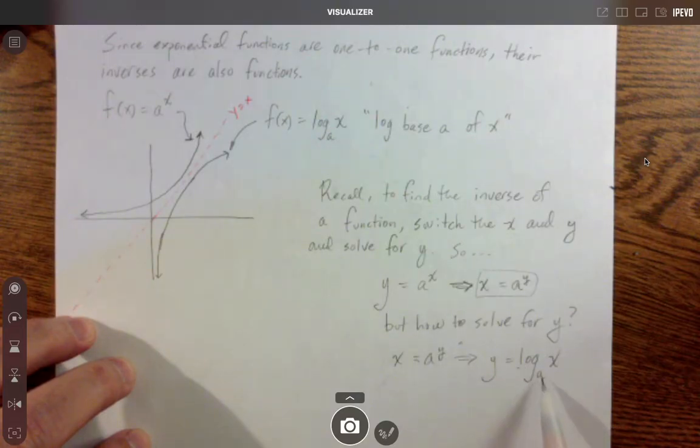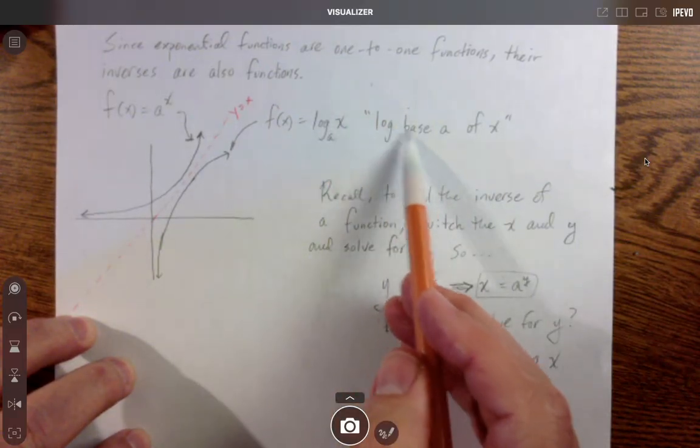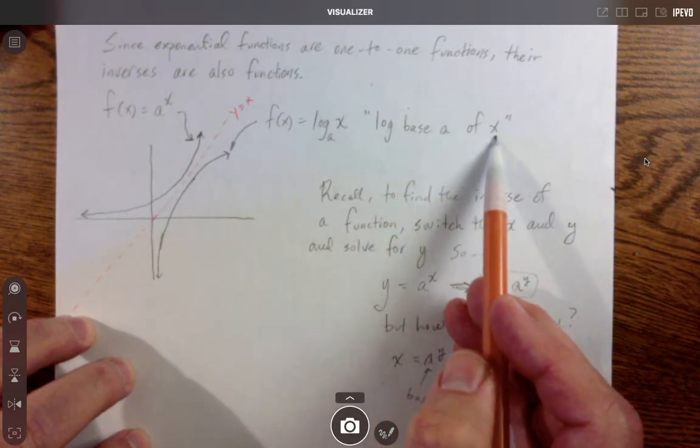So log base a. This is called the base here, and this is the exponent. This is still the base. I would say log base a of x is how I would word that. Right here you can see log base a of x.